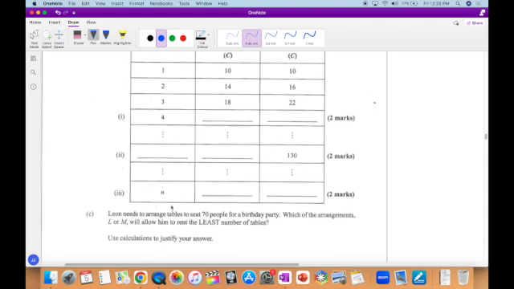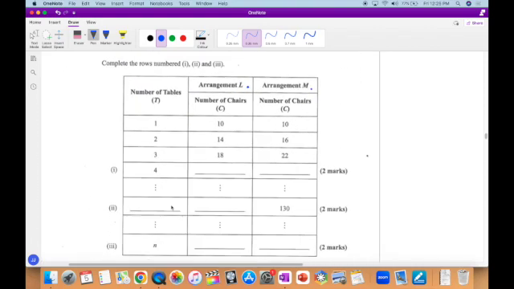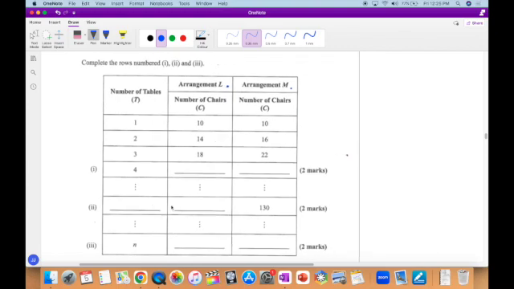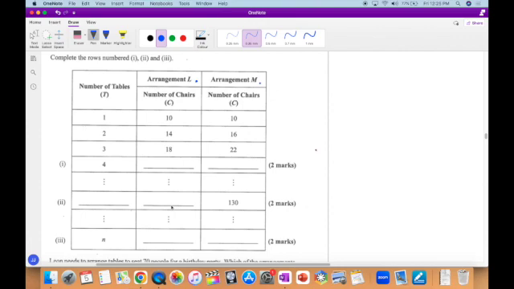What we need to do is complete the table for n amount of tables. So this is quite an interesting question. This is a sequence question, so we need to find the sequences first.